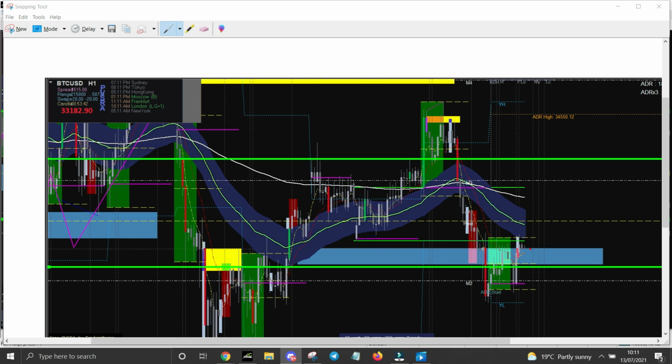Now pay close attention to this zone, and the importance of the whole numbers themselves. Okay, have we got the chart? Are we done? Okay, cool.